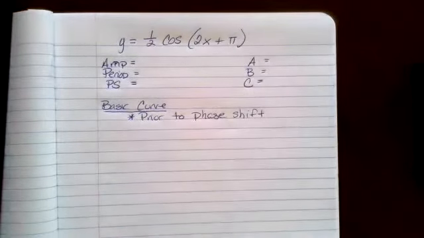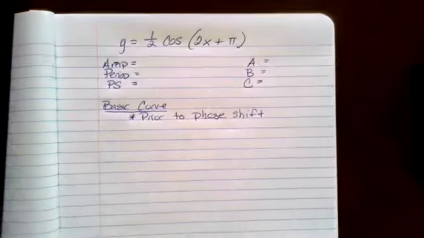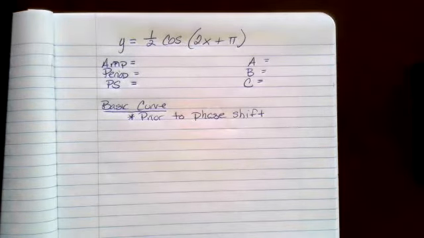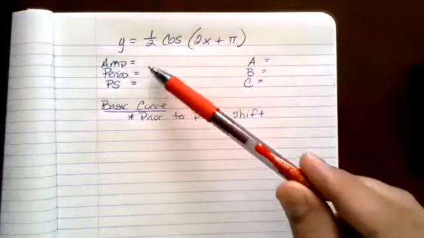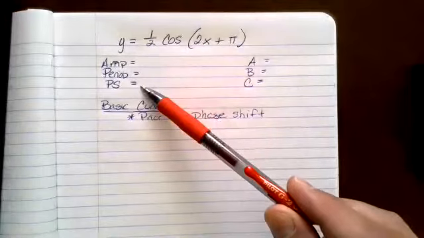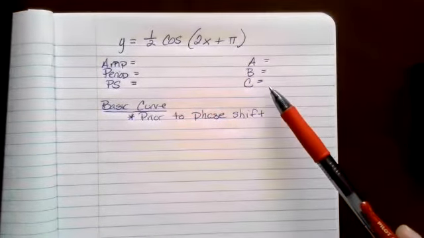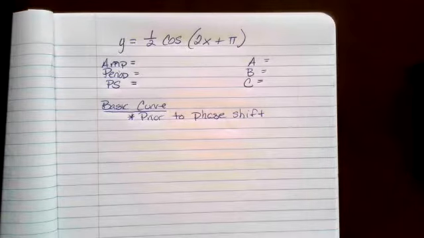So let's look at this example. Y equals 1/2 cosine 2x plus pi. Here I want you to distinguish your amplitude, your period, and your phase shift, and also your A, your B, and your C values.